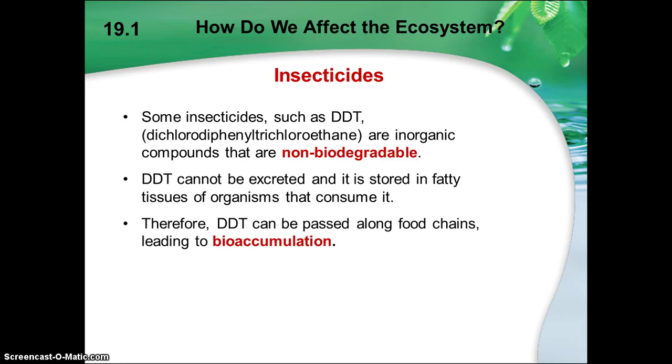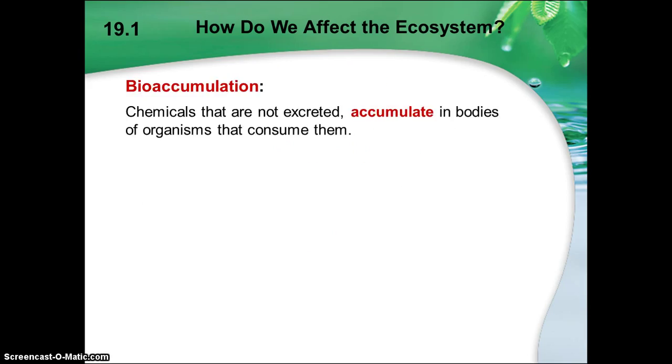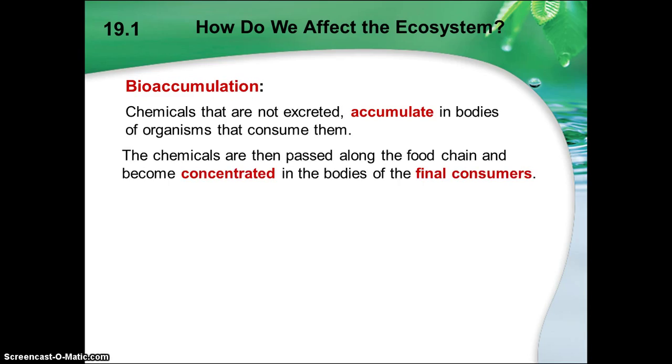In the long term, DDT can pass along the food chain, leading to bioaccumulation. Bioaccumulation refers to chemicals that are not excreted and accumulate in the bodies of the organisms that consume them. The chemicals are passed along the food chain and become concentrated in the bodies of the final consumer.